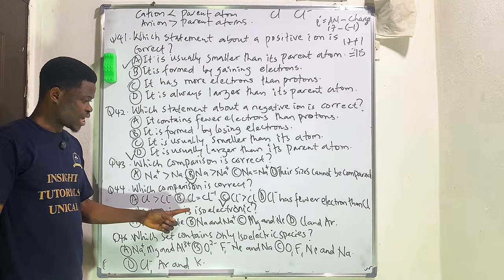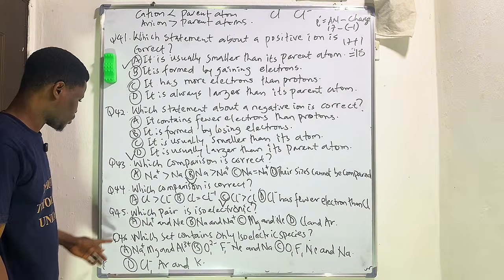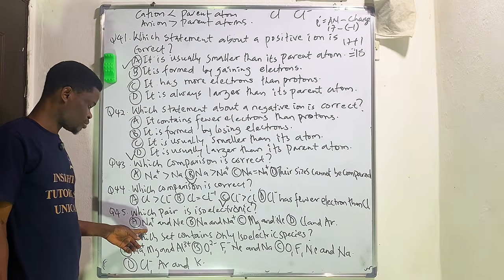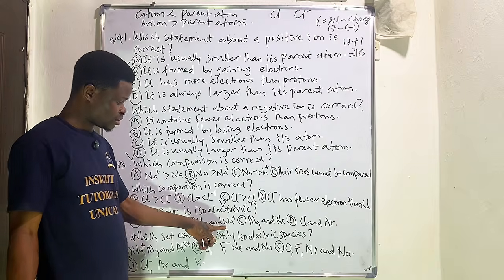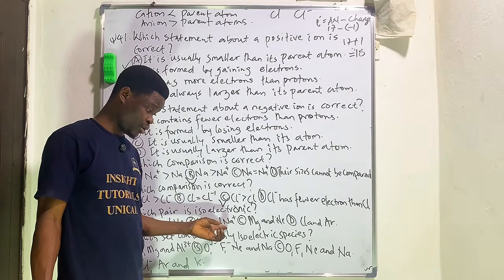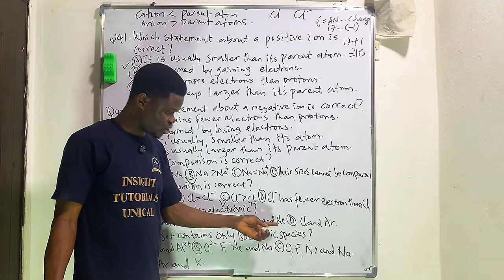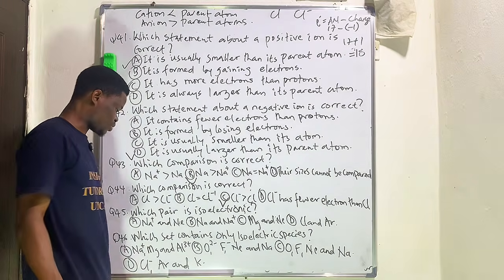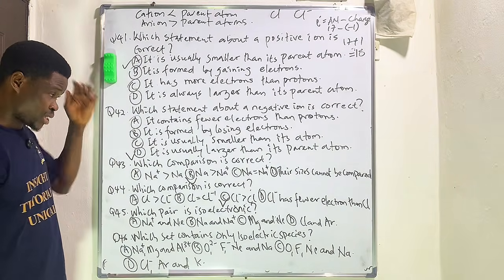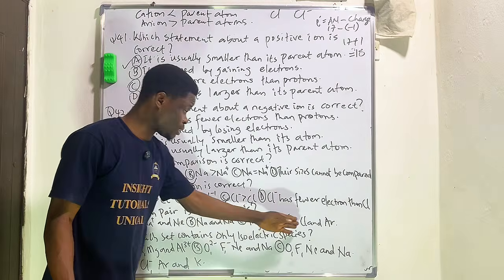Which pair is isoelectronic? A says sodium ion and neon atom, B sodium atom and sodium ion, C magnesium atom and neon atom, D chlorine atom and argon atom. What do you think is correct?